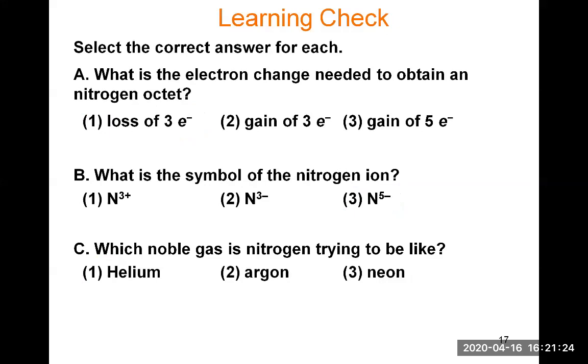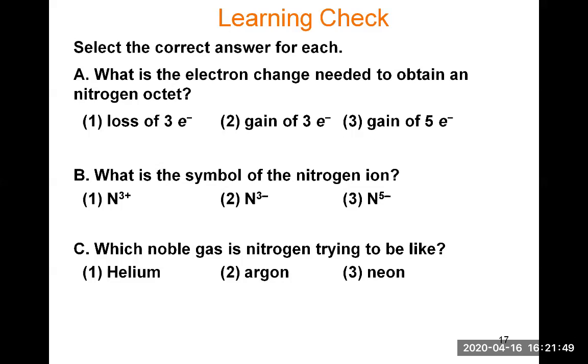Let's do another one, this time with nitrogen. Again, pause before you watch the answer. What is the electron change needed to obtain a nitrogen octet? So find nitrogen in the periodic table. Nitrogen is a nonmetal. It's on the right side of the periodic table, atomic number 7, in group 5A.